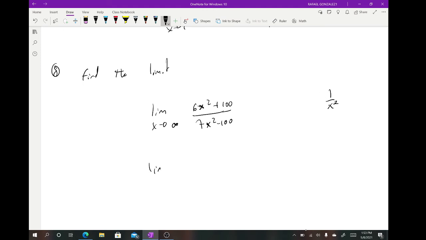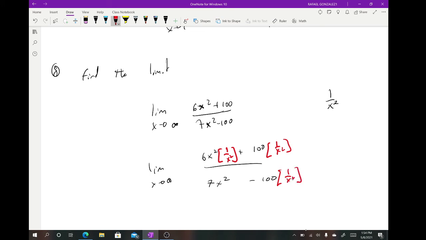And that's going to give us the limit as x goes to infinity, and instead of 6x squared, we're going to have 6. I'll actually write everything so you can see the multiplication: plus 100 divided by 7x squared minus 100. What we're doing is multiplying by 1 over x squared each term in the numerator and in the denominator.